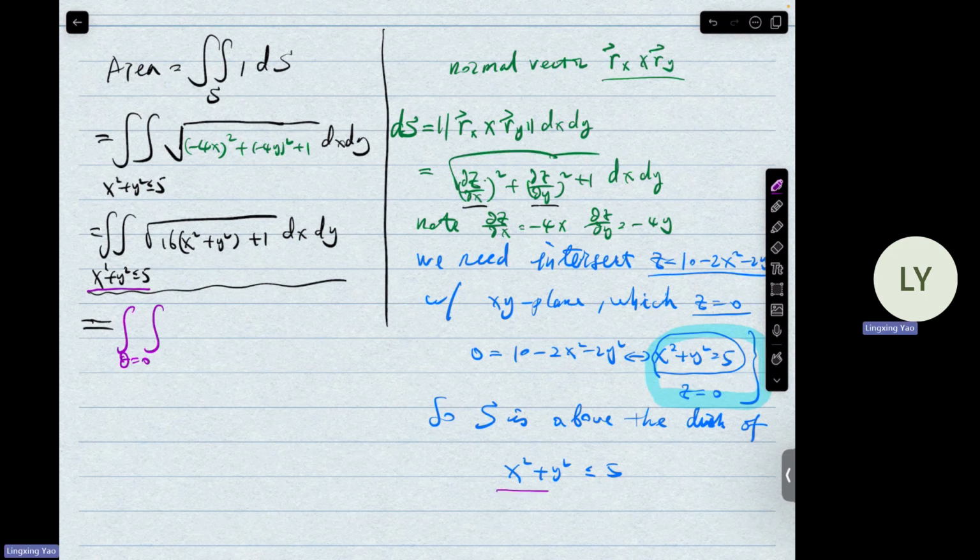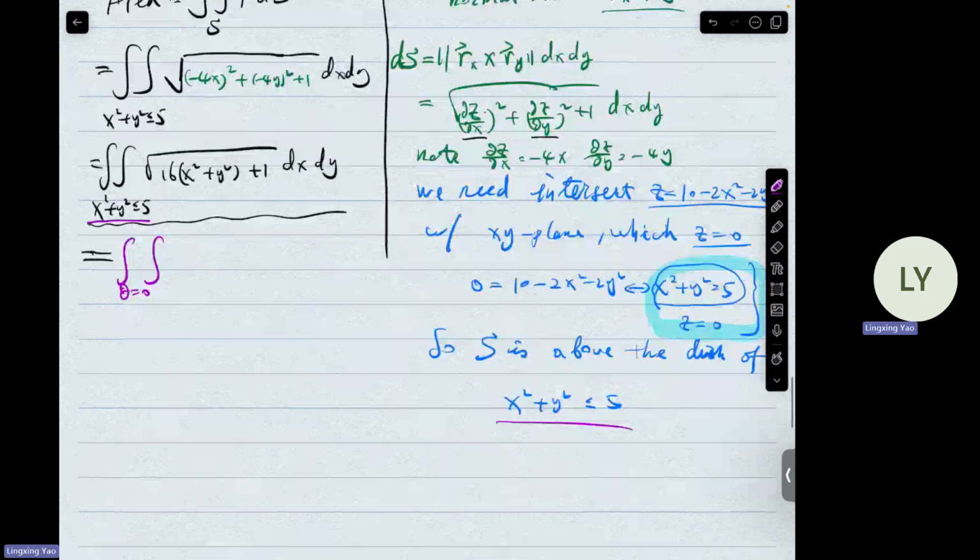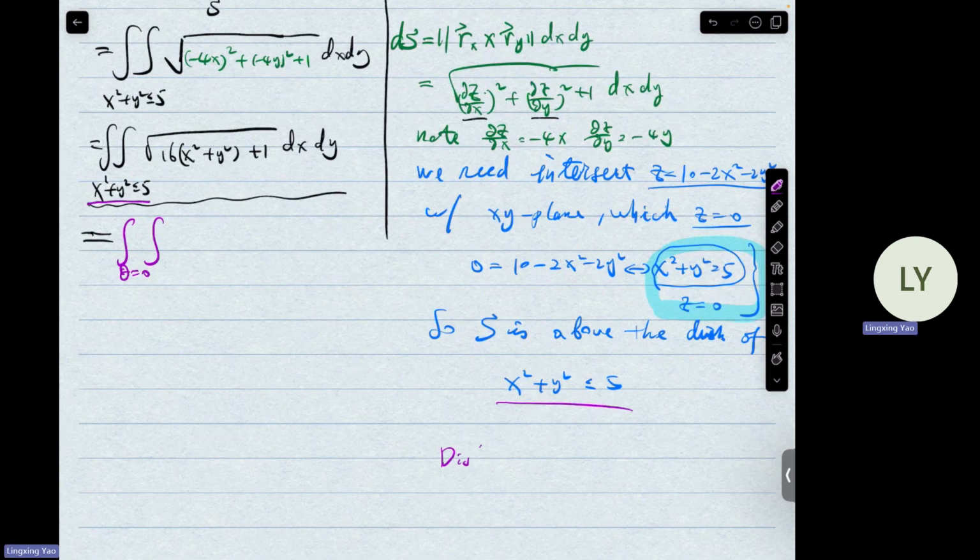This disk x squared plus y squared less or equal to 5 is a disk. So theta is between 0 and 2 pi, and r is between 0 and the square root of 5.